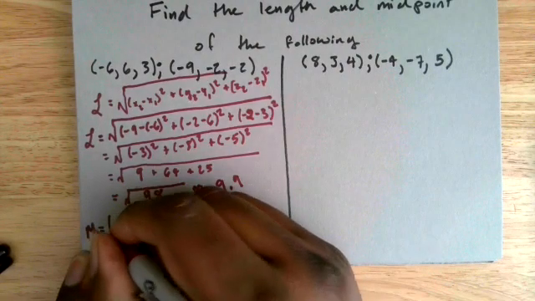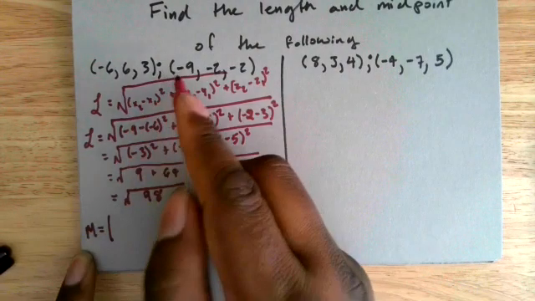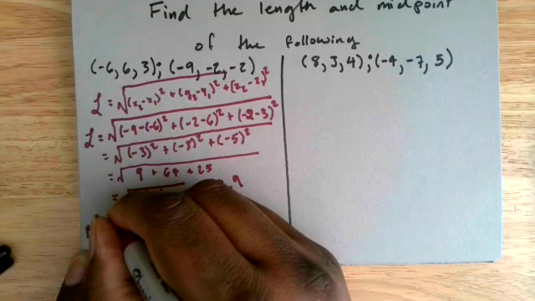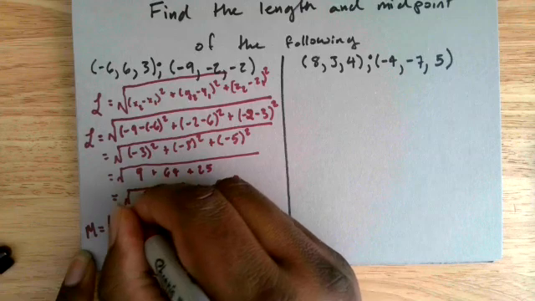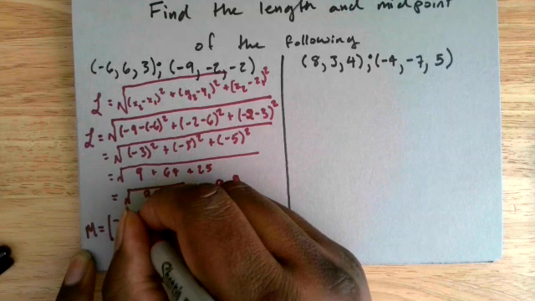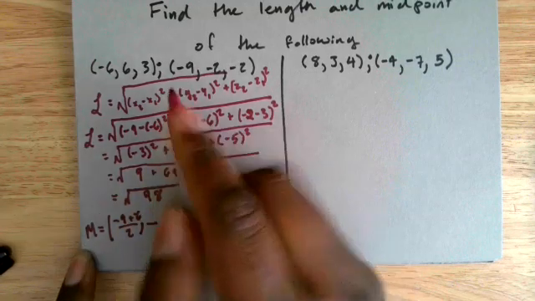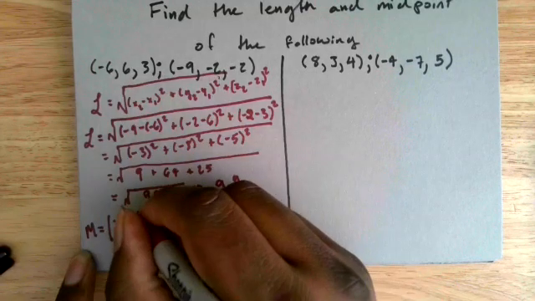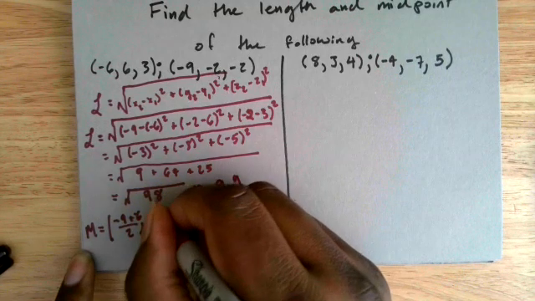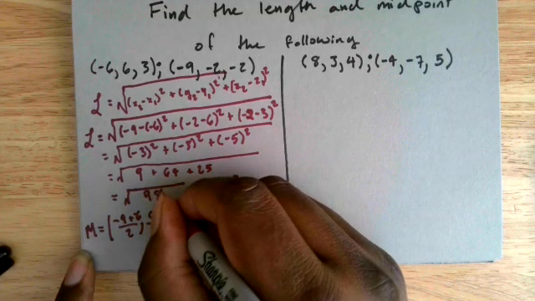Midpoint, it's gonna be x2 plus x1, so it'll be like -9 plus -6 over 2. And then you're gonna have the point, let's see, 6 minus 2 over 2. And you're gonna have 3 plus 2 over 2.